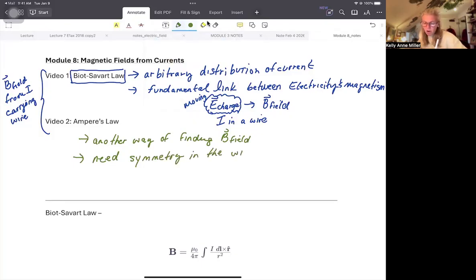You can't have a wire that is all bent and crossing over itself, and it basically has to be a straight wire, or a solenoid, which we'll talk about in the second video, or something called a toroid, which we'll also talk about. The way I think of this is that Ampere's law is to magnetism as Gauss's law is to electrostatics. So it's like Gauss's law for magnetism. Okay, I kind of equate the two things in my mind.